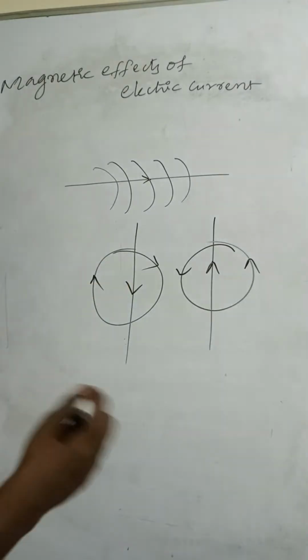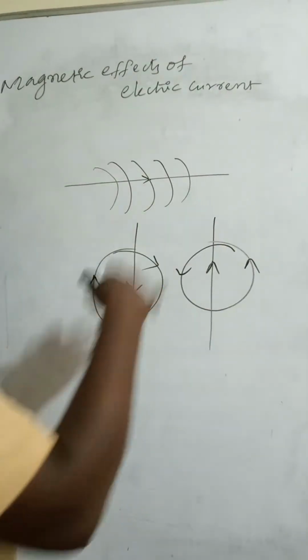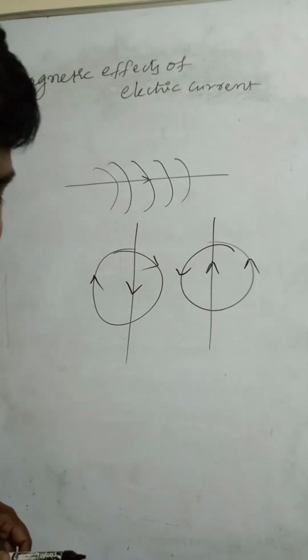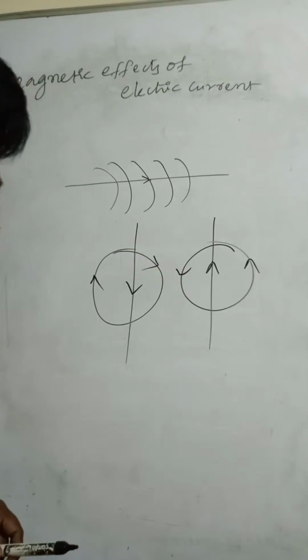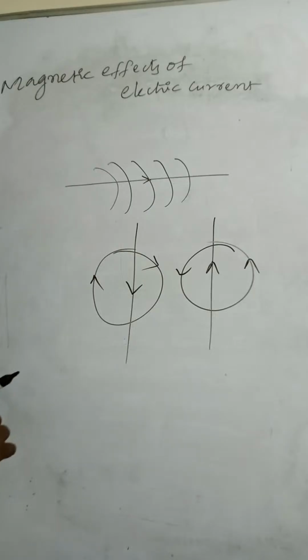So this is clockwise, this is anti-clockwise. By using right hand thumb rule, we can identify the magnetic field direction.